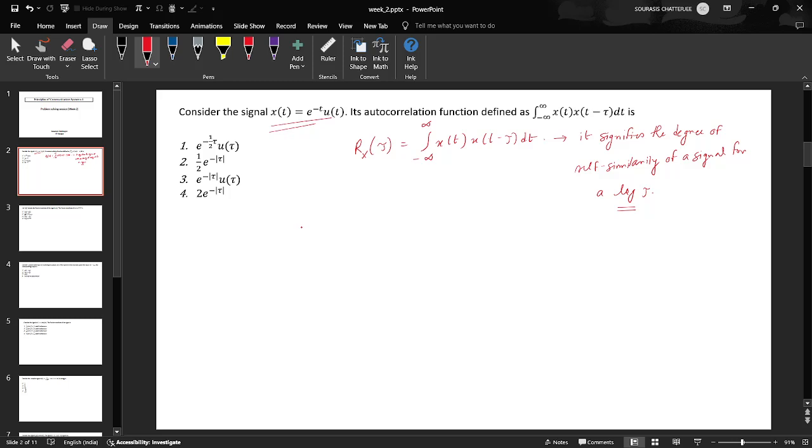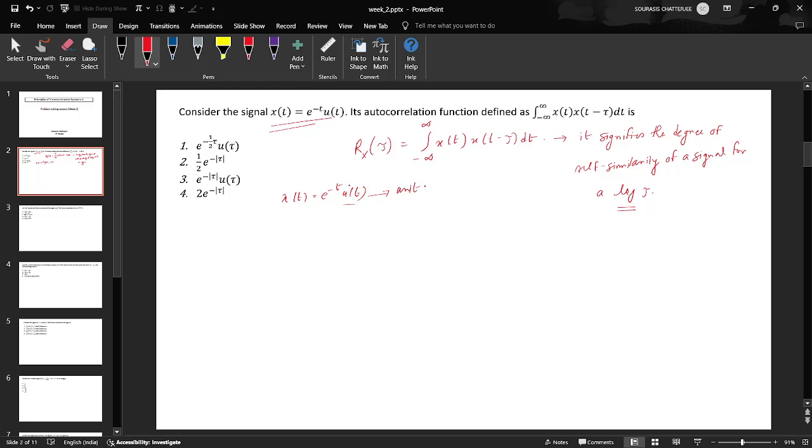So let's pick an example signal, x(t) equal to e to the power minus t times u(t). If I want to draw the representation of the signal, what is it going to be? This is a unit step function.